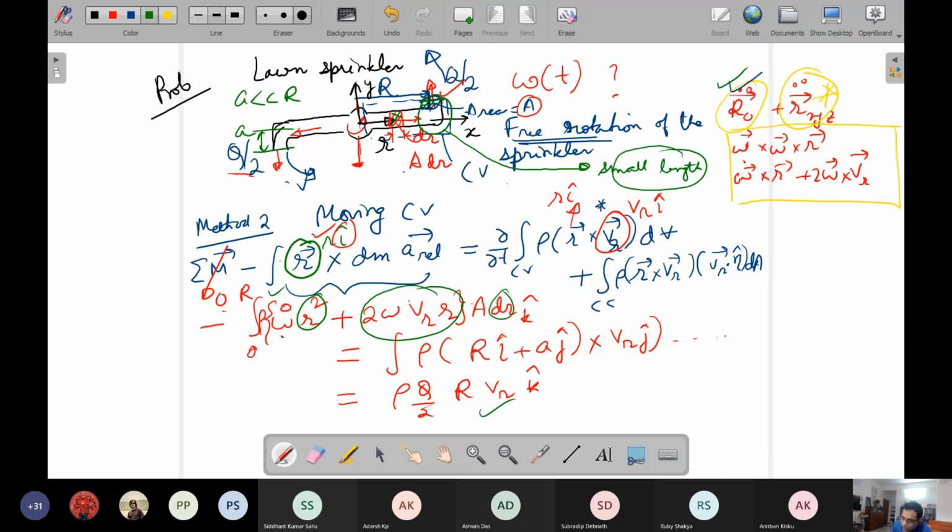This is the coefficient of omega dot term, and this is the third constant. So it is just like again d omega dt plus p into omega plus q, and exactly the same equation as that of the fixed control volume analysis. So summarily, it's the same equation. Either fixed or moving control volume, doesn't matter. You come up with the same differential equation of omega as a function of time, and you can solve it by the same integrating factor to get the angular velocity of the sprinkler as a function of time.